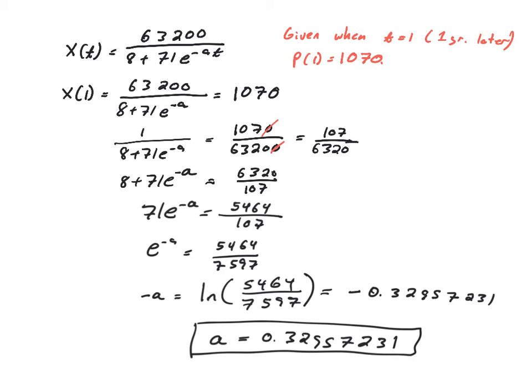Okay, now, remember that now that we have a, we also have b. Remember, because b was just equal to a times that carrying capacity, which was initially back at 7,900. So remember, this was our little carrying capacity.